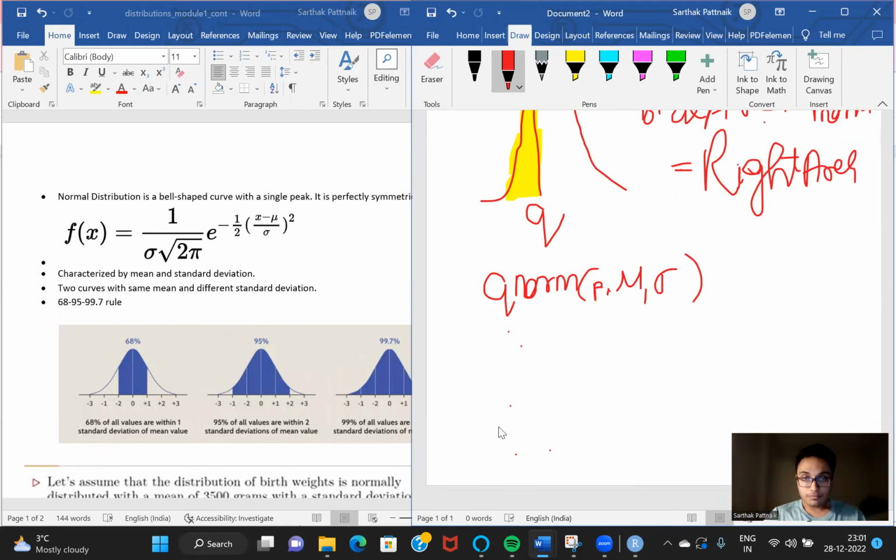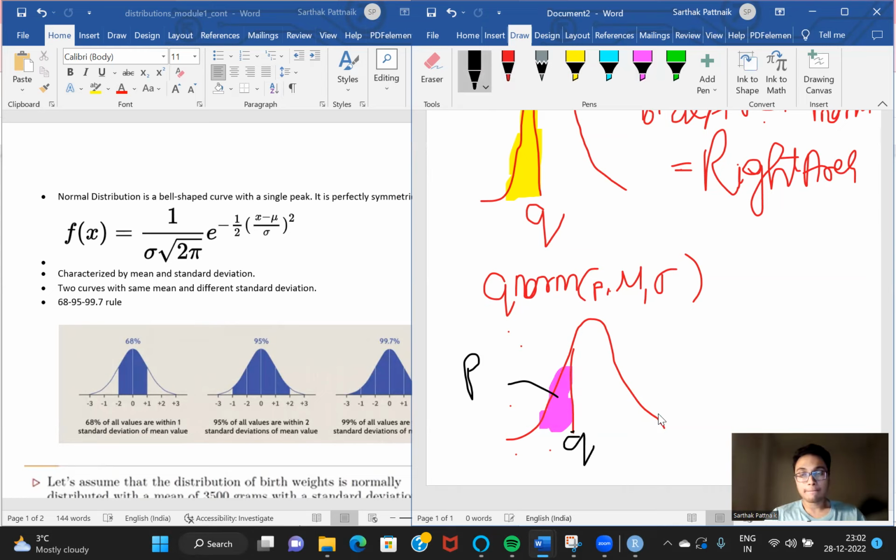In qnorm, I'm given this area P, and I have to find this point right here, which is point Q.